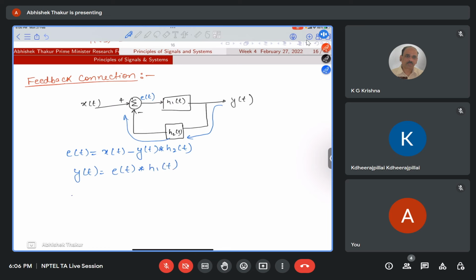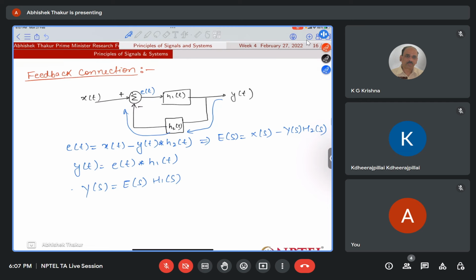When you substitute it, you will get e(t) is equal to x(t) minus y(t) convolution h2(t). Here we can write Y(s) is equal to E(s) H1(s), and also E(s) is equal to X(s) minus Y(s) H2(s).